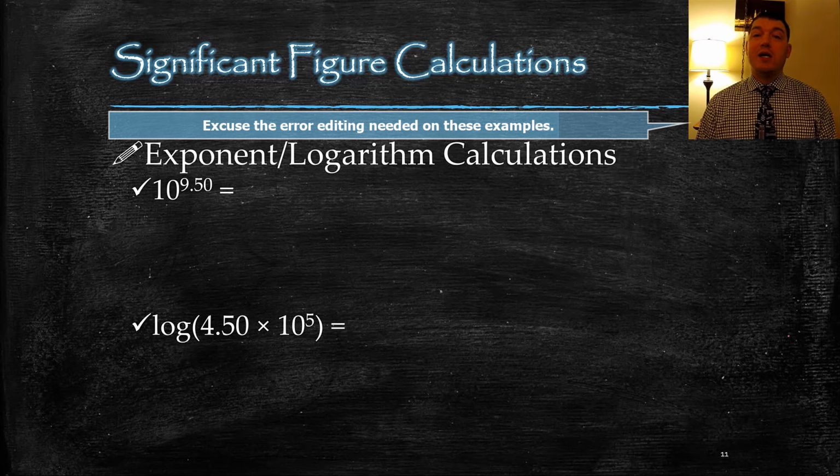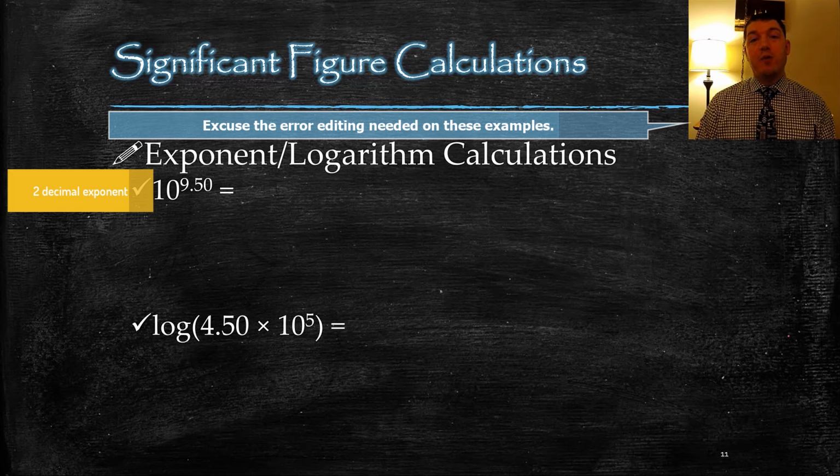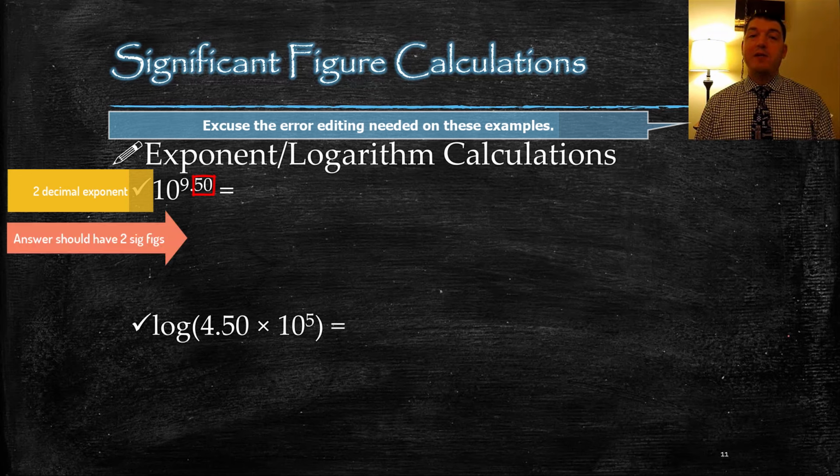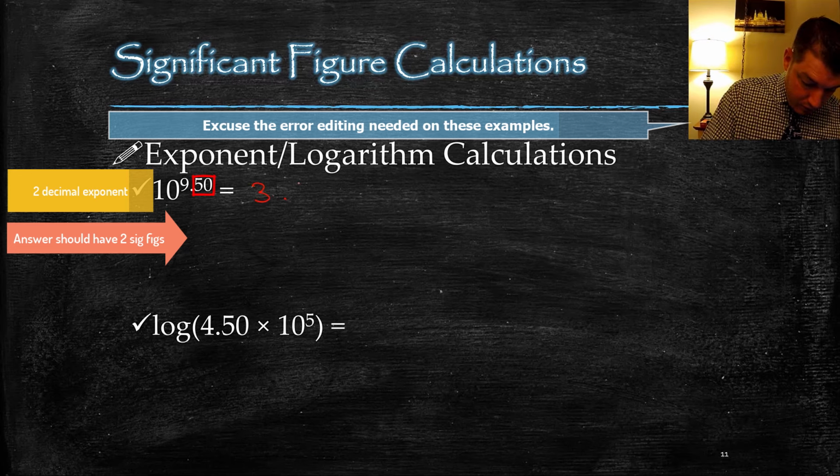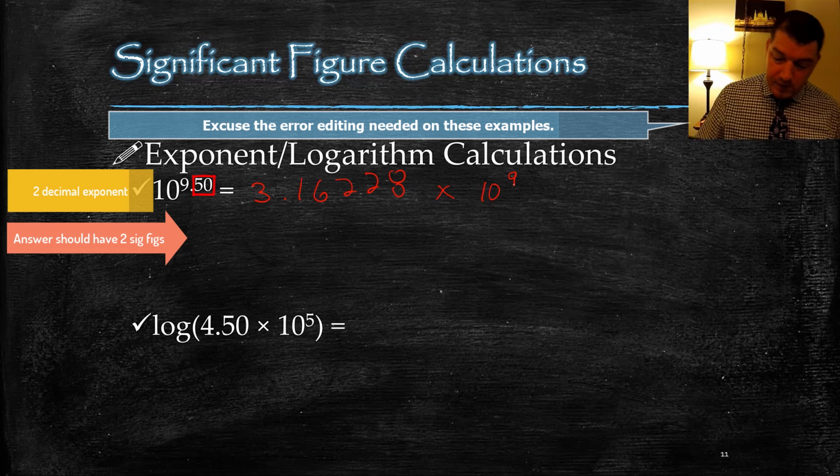So we see, when we look at that exponent 9.50, that means our computed answer should have 3.16228 times 10 to the 9th.